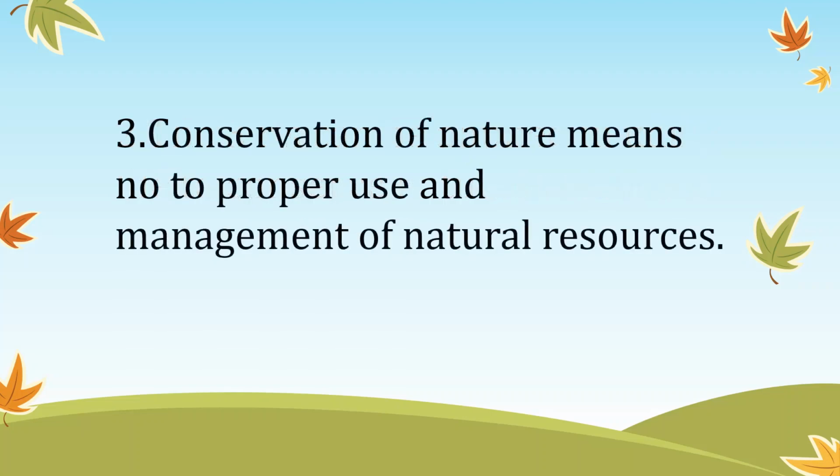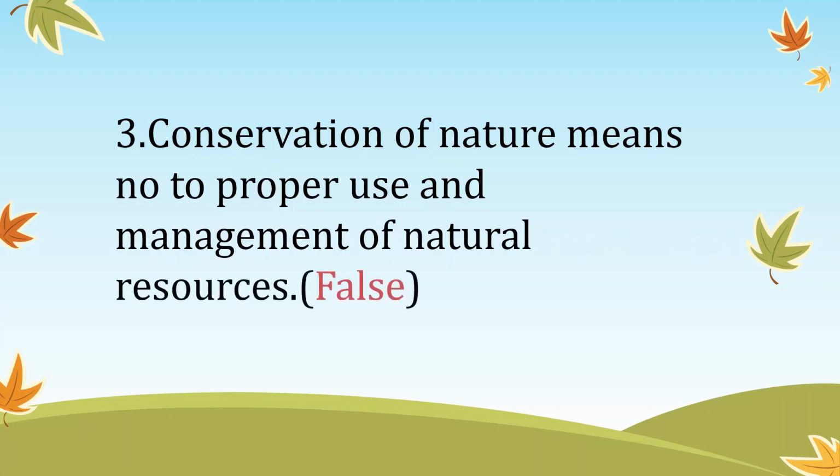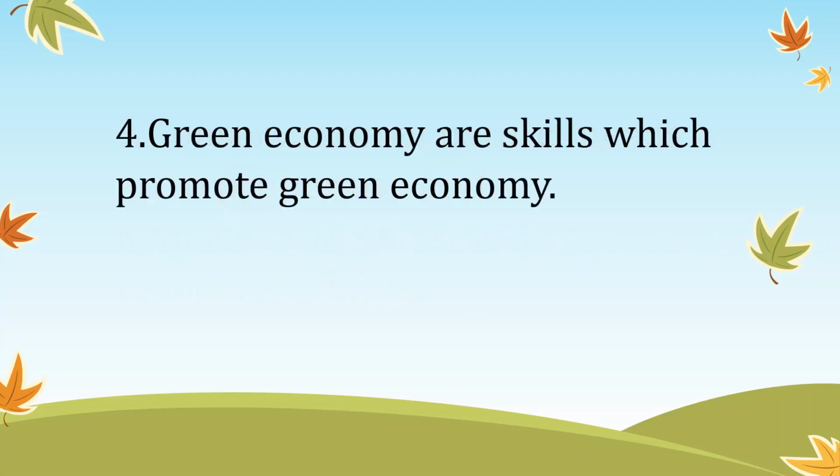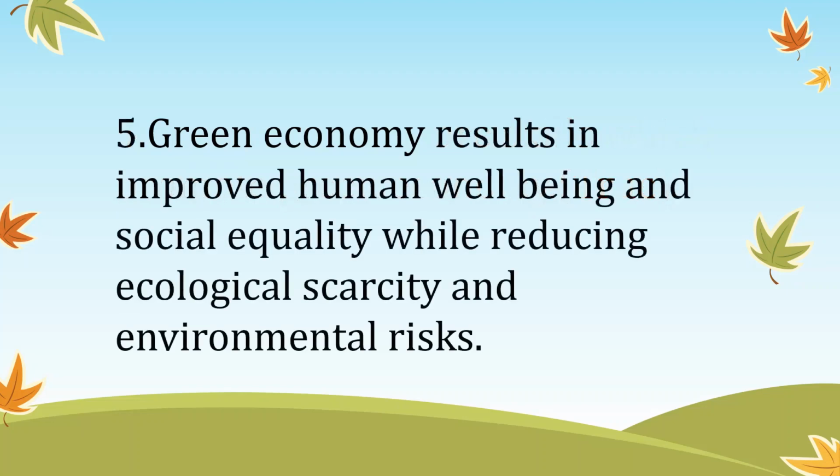Third question, conservation of nature means not to properly use and manage natural resources. The statement is false. Fourth, green skills are skills which promote green economy. Statement is true.